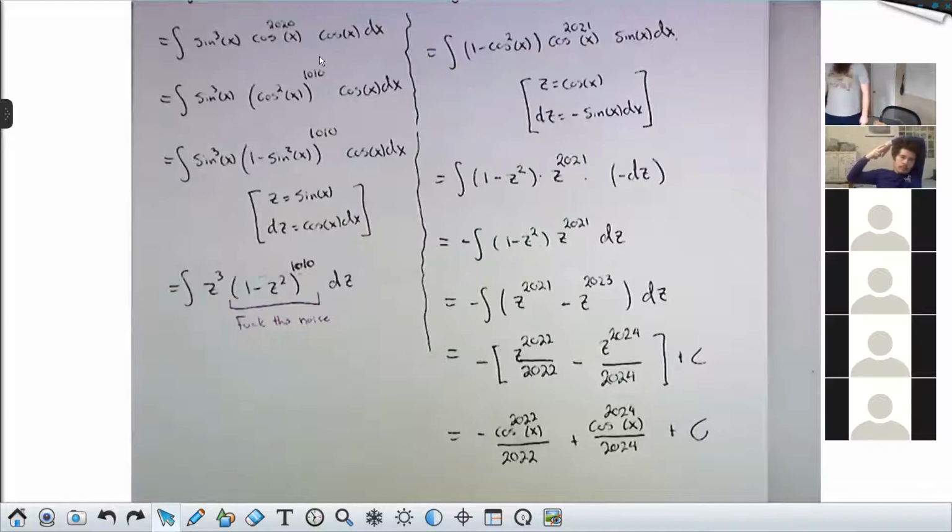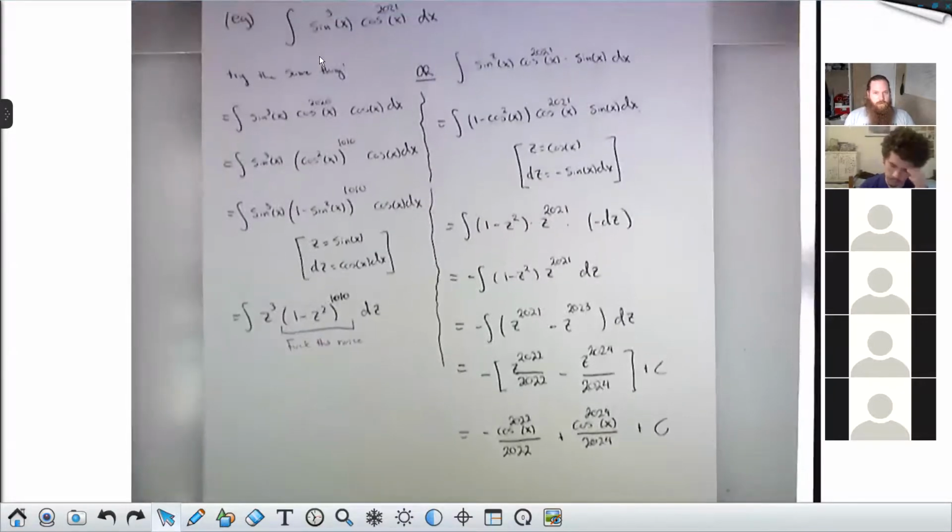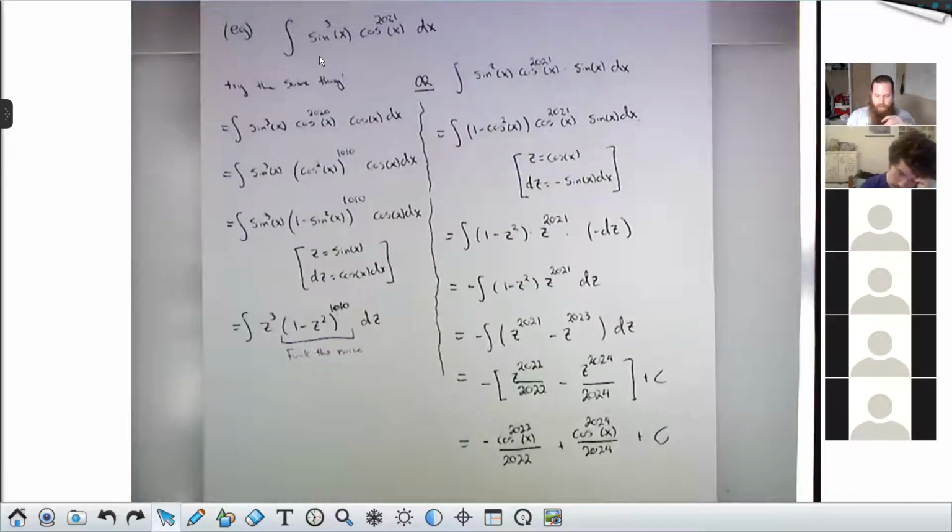Easy choice. So basically, whenever we have sine and cosine and they both have odd powers, we should pick the smaller odd power to separate. Yes. Okay. So we're kind of getting close to being able to write down a general strategy for these. If you're doing a sine cosine integral and only one of the powers is odd, then you're going to substitute for the function who has the odd power.